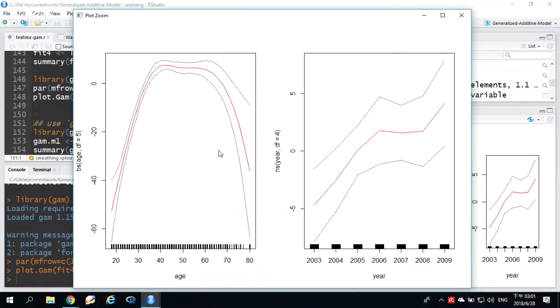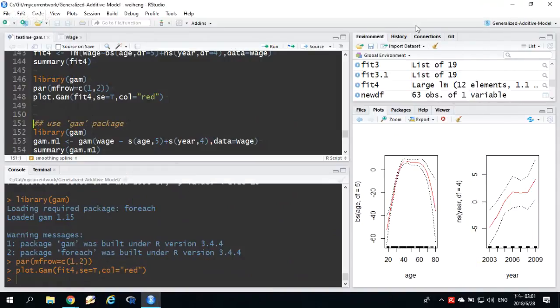This shows that for the first predictor, the relationship with the response is like a quadratic, it's not linear. And for the predictor year, they show kind of a linear trend.